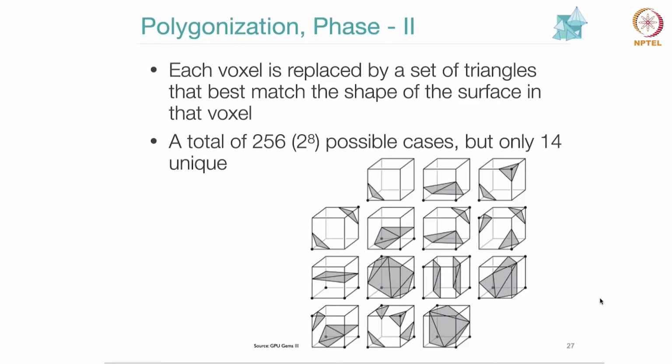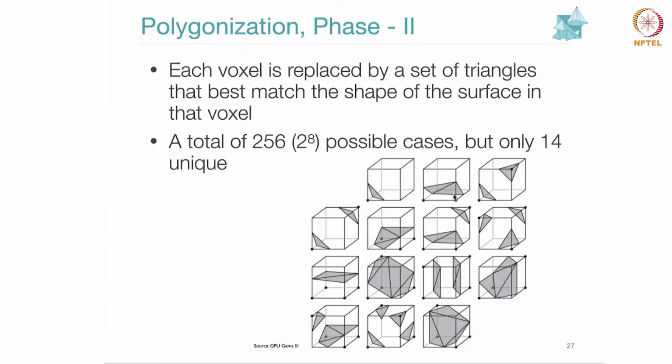Okay, let's quickly see the first case. Let's focus on the first cube here. There's only one corner that's, let's say, positive and the rest are all negative. That means that the surface most likely passes through like a triangle cutting the corner, right?